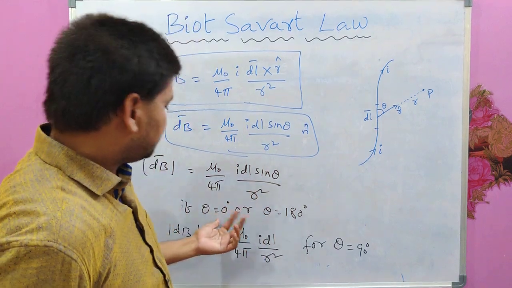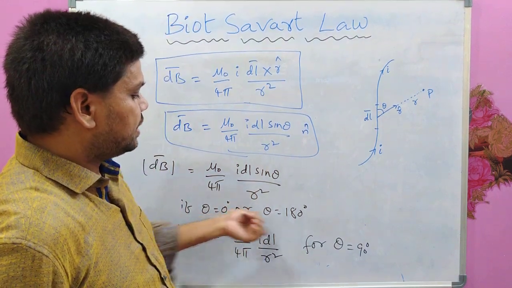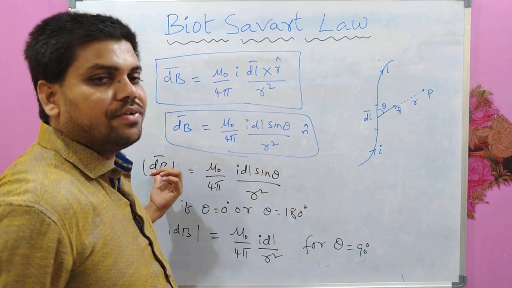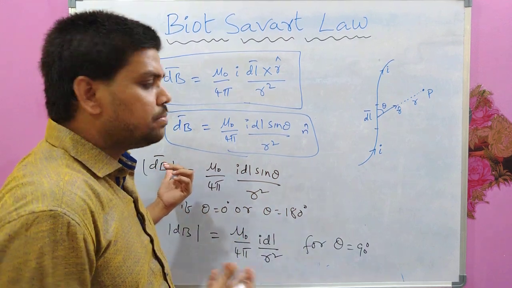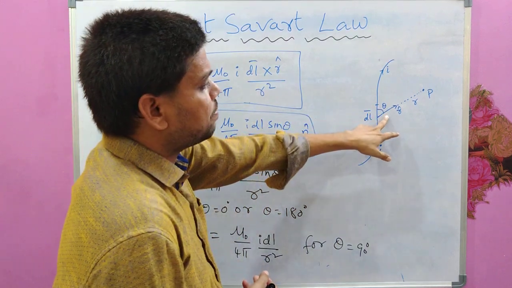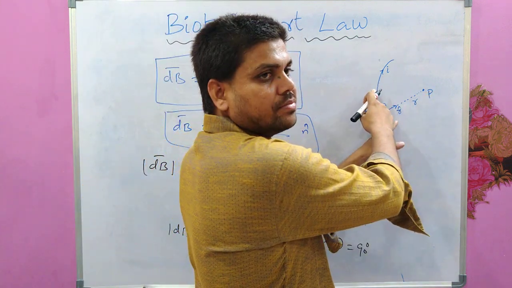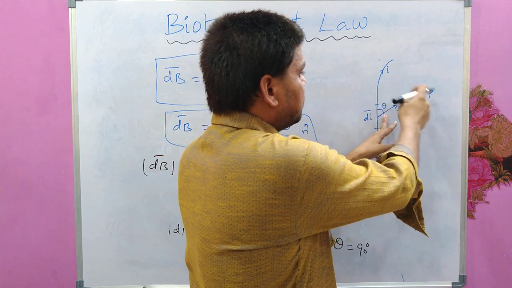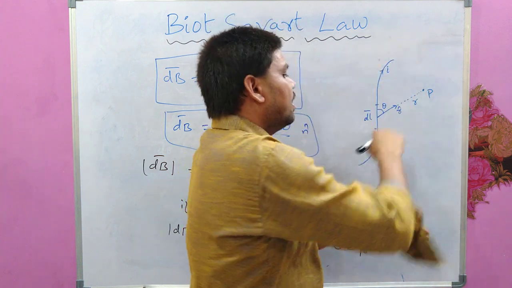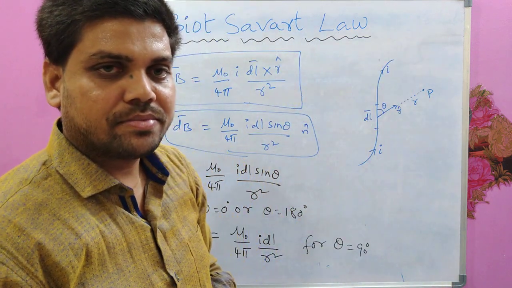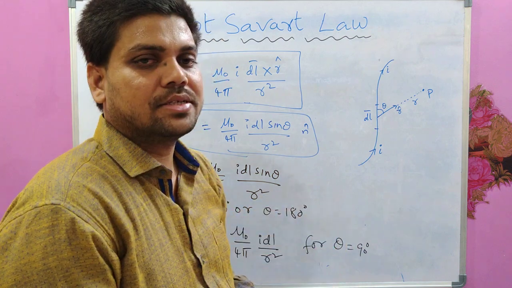So if you see this, for example, if theta equal to 0 or theta equal to 180 degrees, the magnetic field is vanishing. What is the meaning of it? If theta is 0, what happens? That P is in the direction of dl. That means the P is present on the length element itself, whether it is 0 or 180 degrees.